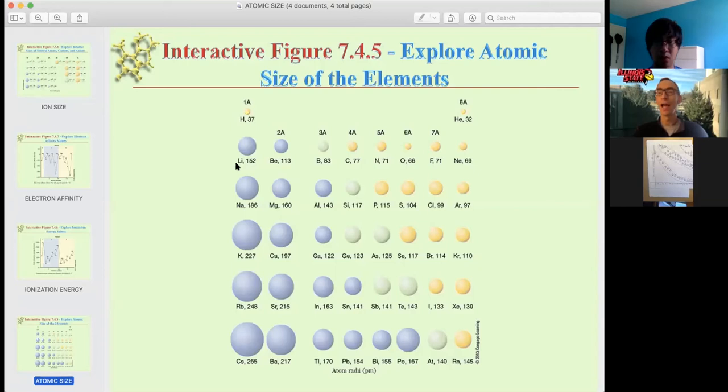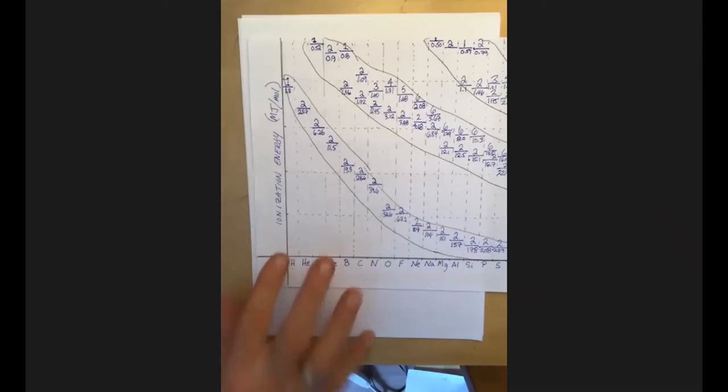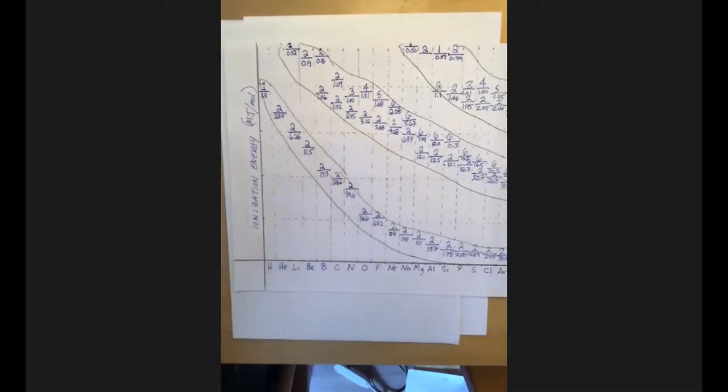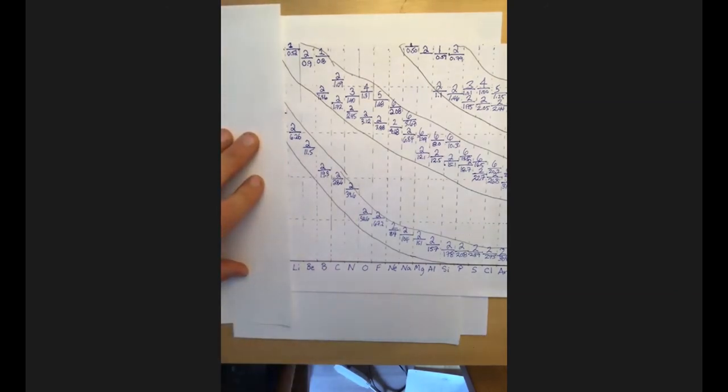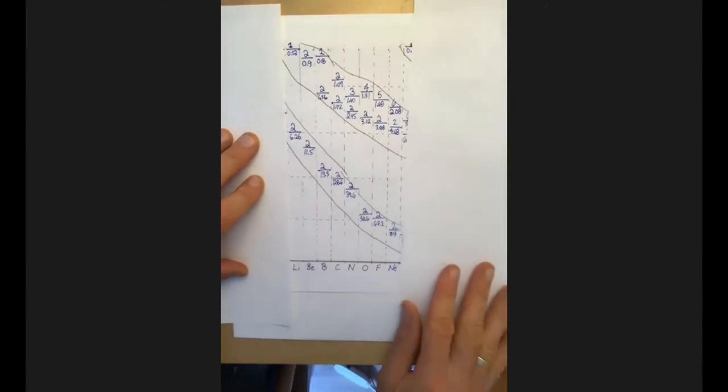And so as we look at some of the trends in the periodic table as shown in this graph from the text, and we look at the photoelectron spectroscopy data, we should be able to pick out some of those things. If we take a look from lithium all the way over to neon, what happens to the size of those atoms as we go across that row of the periodic table?